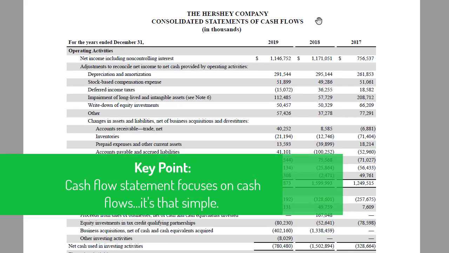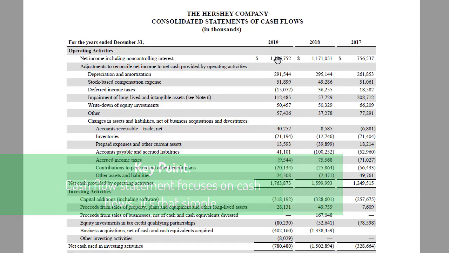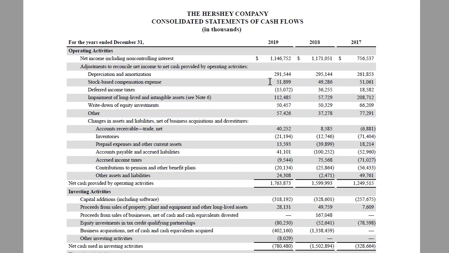There are also some other items that get added back, such as stock-based expense, some deferred income taxes, the impairment charges that we saw on the income statement, and write-downs, because, again, they're non-cash in nature. This is where it gets a little bit tricky, but if you just remember cash in, cash out: positive numbers are cash in to the business, and negative items here are cash out.